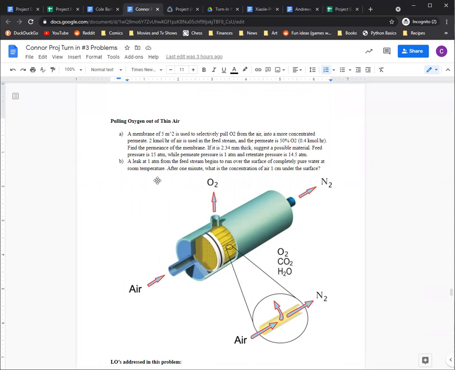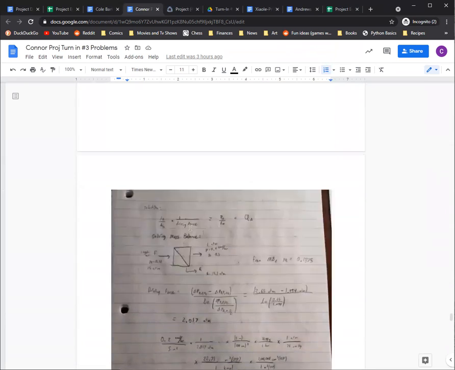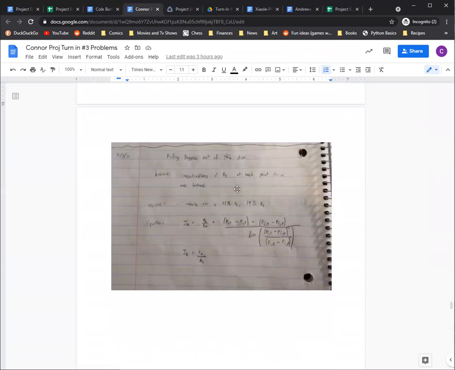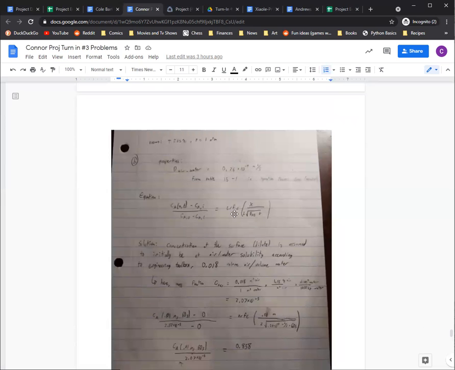And then secondly, for the transient problem, we're just assuming that some leak is coming off over some sort of body of water. And you're curious what the concentration of air is at 1 centimeter under the surface after 1 minute of the leak. You're assuming that the leak is not turbulent. It's not perturbing the water.